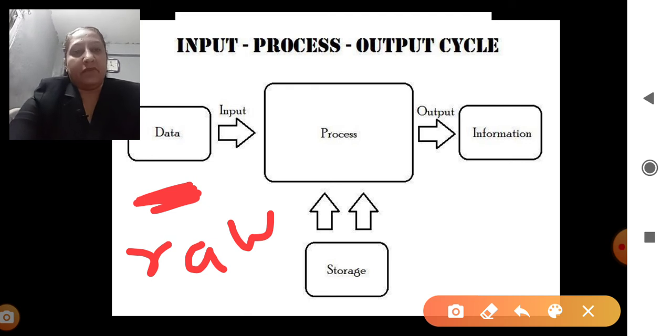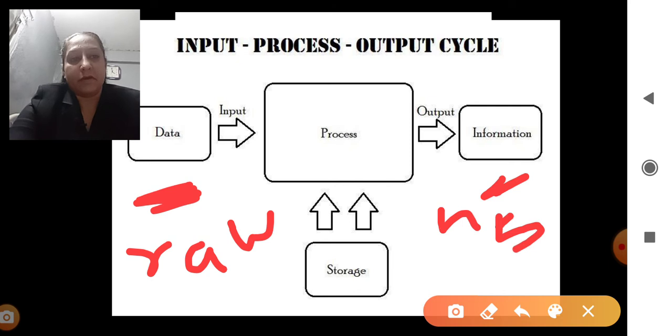And by the end of the period, when you properly note it down systematically in your notebook, it will become your information. So that is the difference between data and information. Data is always in the raw form and information is always in the processed form. On this principle, your computer simply works.